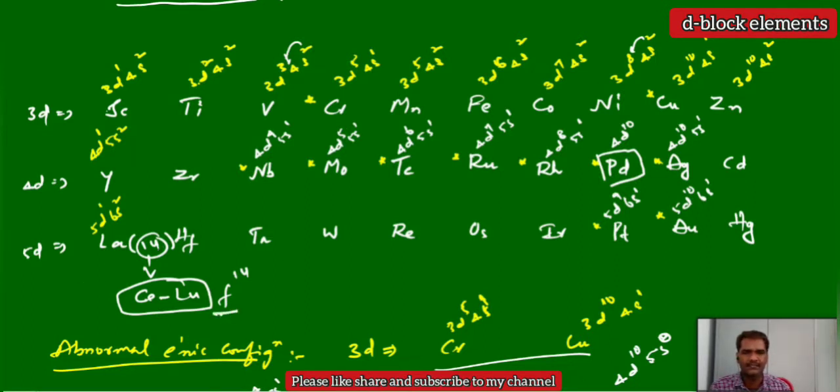Why? Because the screening effect, the shielding effect, is very small for f electrons. So that is why the nuclear force is very high on hafnium, tantalum and the next elements. They can pull the valence electrons very effectively towards the nucleus, and that is why the sizes of zirconium and hafnium, niobium and tantalum, and molybdenum and tungsten are almost similar.